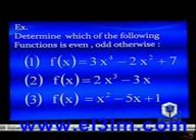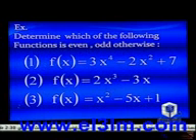Example 1. Determine which of the following functions is even, odd or otherwise. شوف عندنا 3 functions وكل واحدة منهم عايزين نعرف هل هي even أو odd or otherwise. طبعا التست بتاعي ايه هو؟ الكونديشن f of negative x equal f of x even, negative f of x odd, otherwise neither nor.